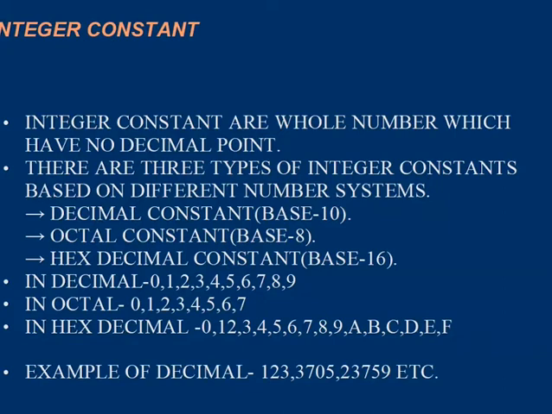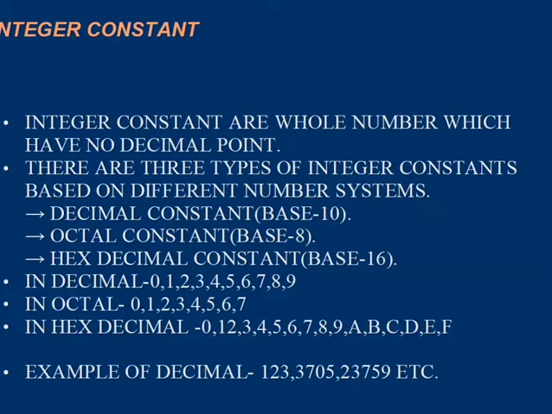So it is a format of writing the numbers above the 9 and these values are representing numbers only. So A is representing 10, B is representing 11, C is representing 12, D is representing 13, E is representing 14 and F is representing 15.